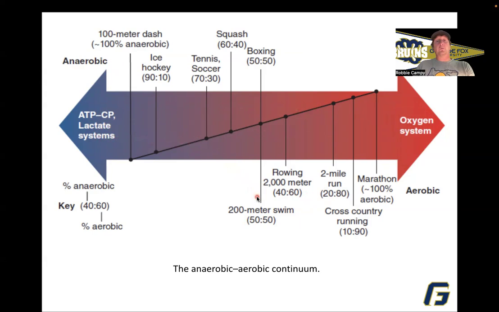A 200-meter swim has a lot more of the lactic acid system than the oxygen system. Soccer, with more sprints on the ball and less just running the field, is going to rely more on the lactic acid system than the oxygen system. But I like this slide because it gives a variety of examples showing how there's this moderation where all of these systems are constantly being used.